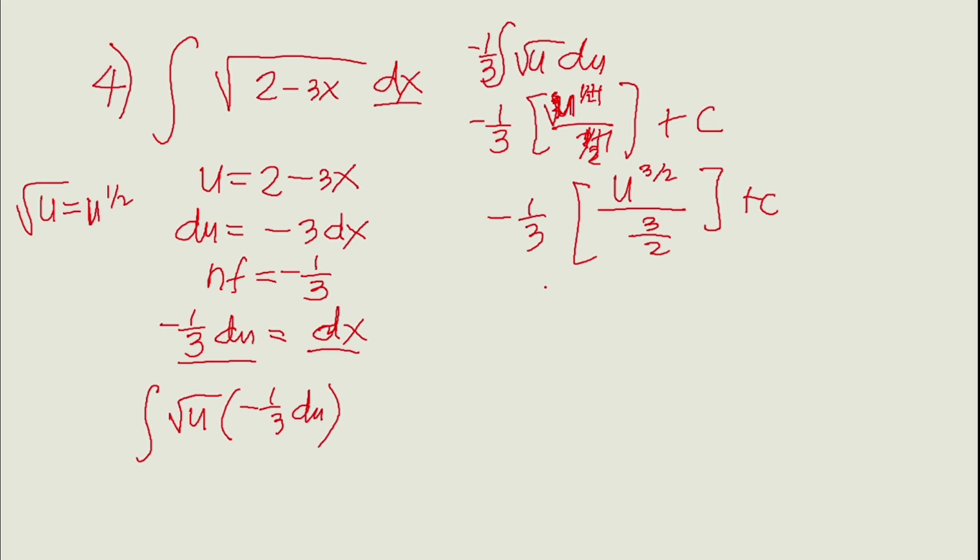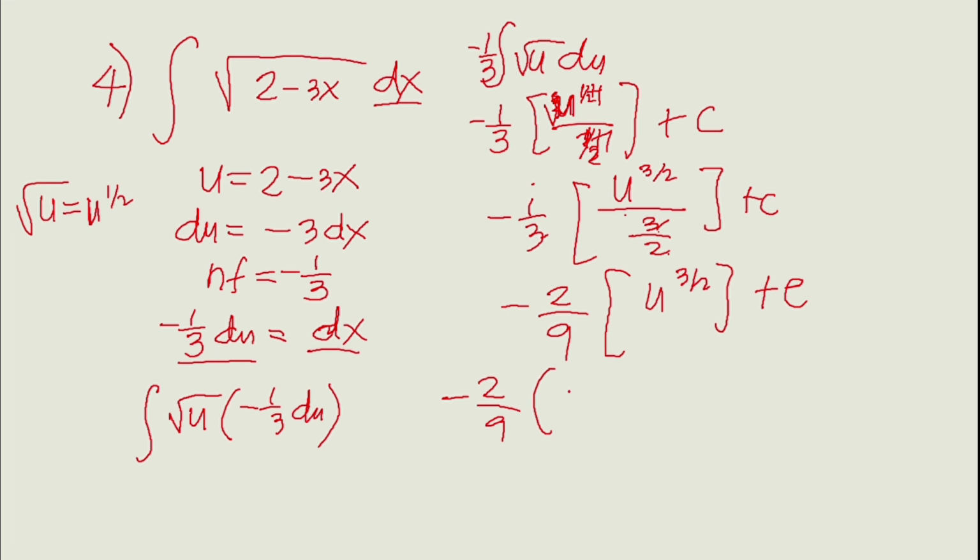So take the reciprocal of this. So the result of this part is negative. Take the reciprocal, we have 2 over 9 u raised to 3/2, then plus c. So why 9? Because 3 times 3, then 2 is in the numerator. Okay, so negative 2 over 9, then times, what is the value for our u?